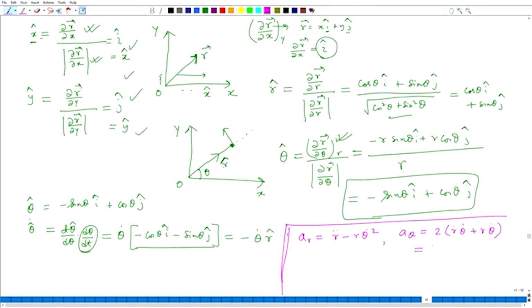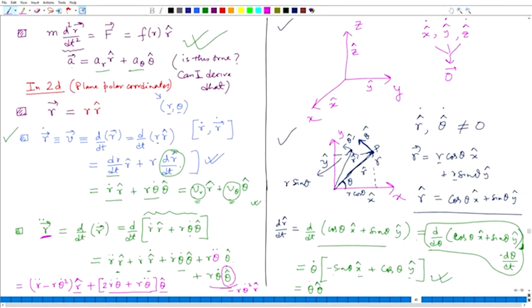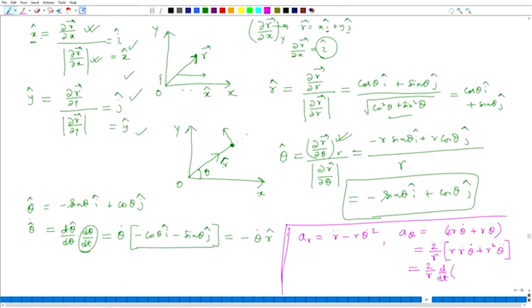If I take 1 by r common, it will have r dot theta dot plus r square theta double dot. I am sorry again, because I wrote the wrong expression. This will have a 2 over here, because it is 2 r dot theta dot plus r theta double dot. So, 2 will be here.